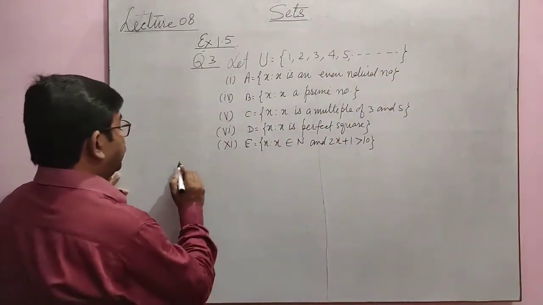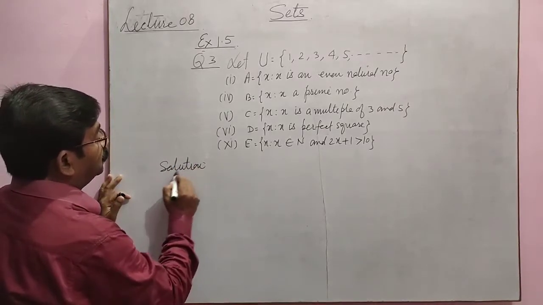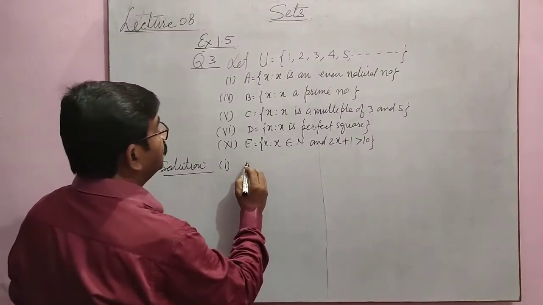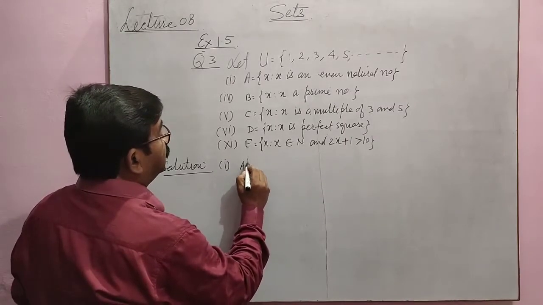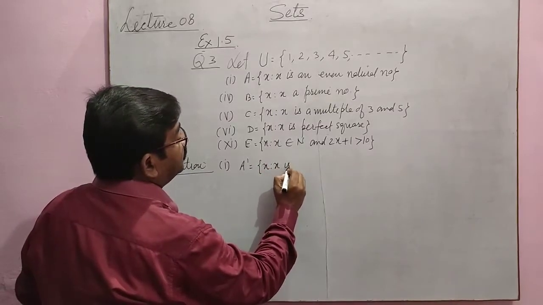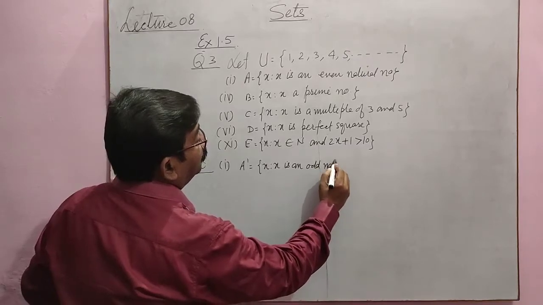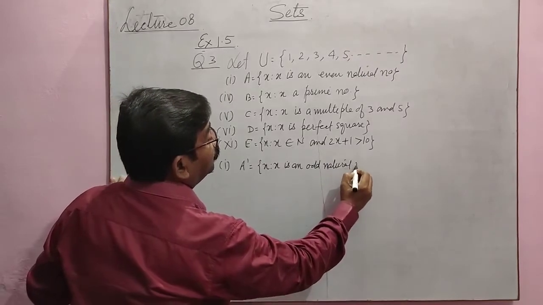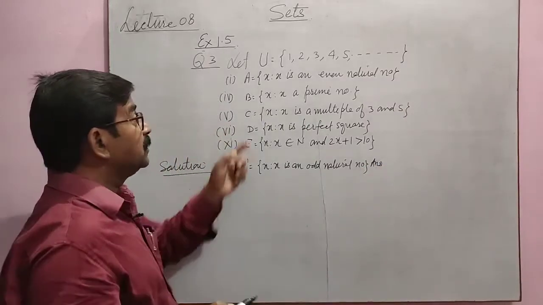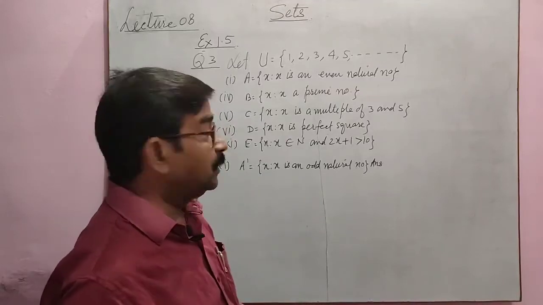So I am writing the solution. First part, A dash: x such that x is an odd natural number. This is the answer. Why? Because even natural numbers are removed from natural numbers, so odd are left.